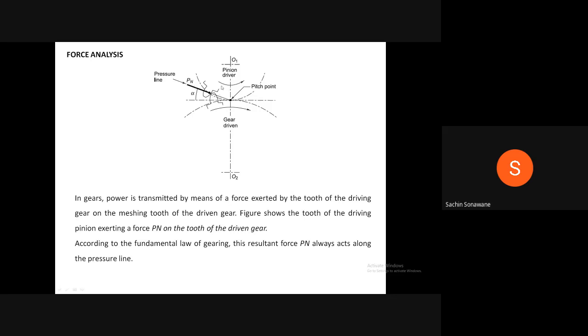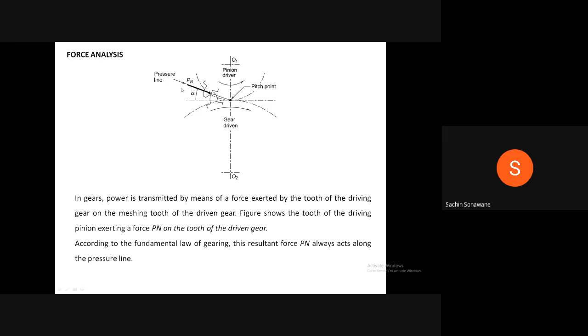Because the pinion is the driver. When the pinion rotates, its tooth will exert a force on the tooth of the gear, and that force is nothing but the normal force, and because of that normal force the gear will start rotating. Therefore, this normal force is acting along the pressure line.